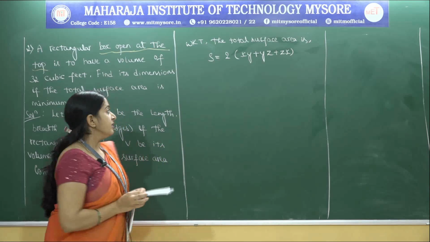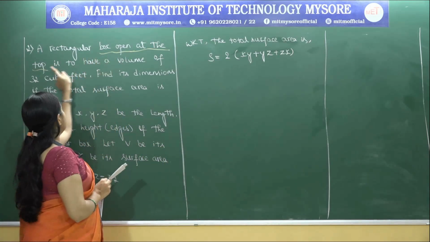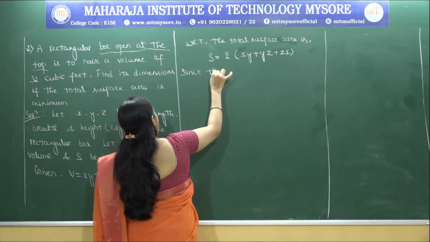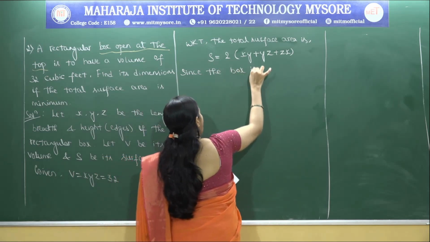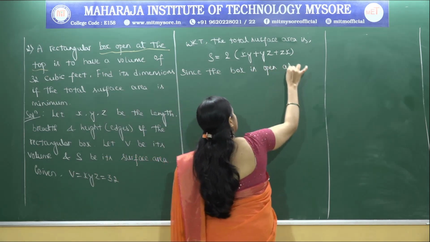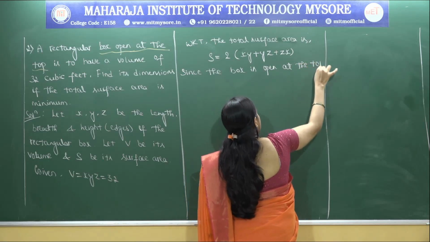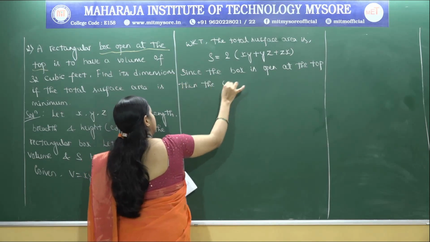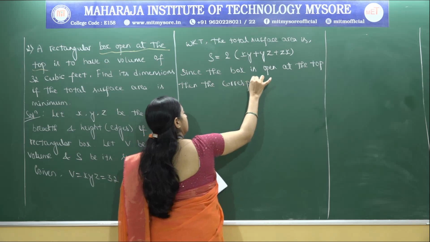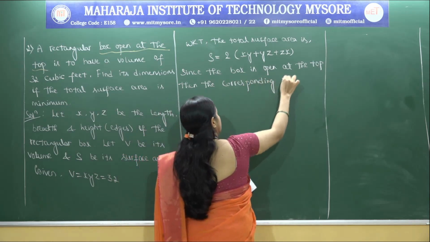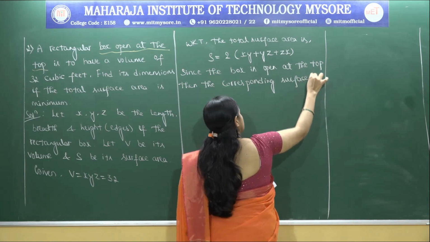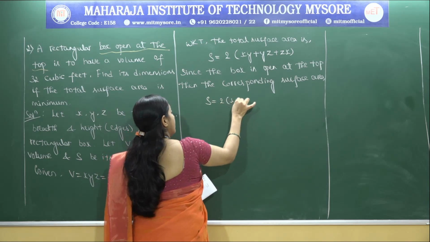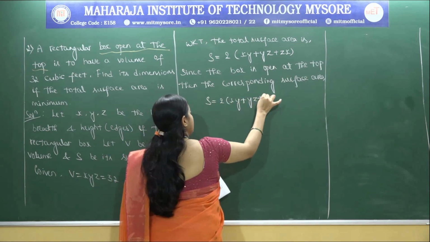But in the problem, they given the rectangular box open at the top. So just consider that since the box is open at the top, then the corresponding surface area is 2 times of xy plus yz plus zx.